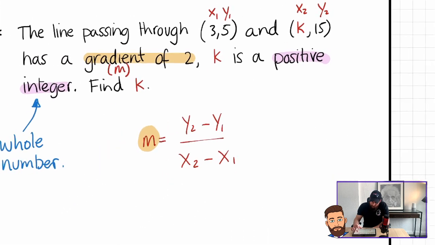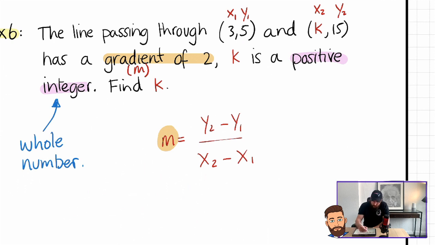Using our coordinates and using our equation, what have we got? Well, we just said we know what m is. M is 2. So I'm going to replace m with 2. What's y2? y2 is 15, so I'm going to bang 15 in. Minus y1. What is y1? 5. Yeah, the first y coordinate. Minus 5.